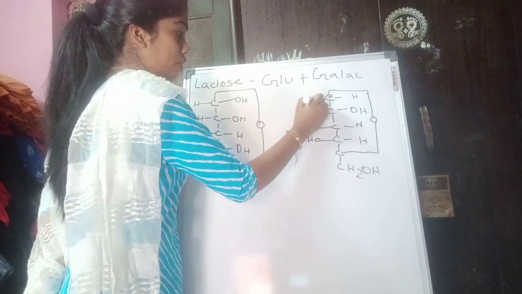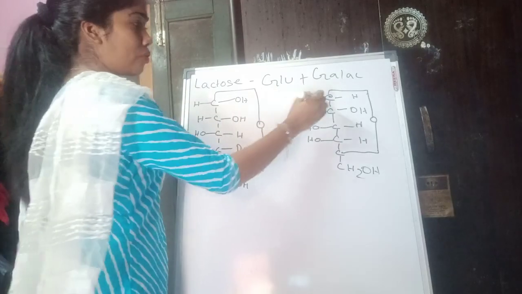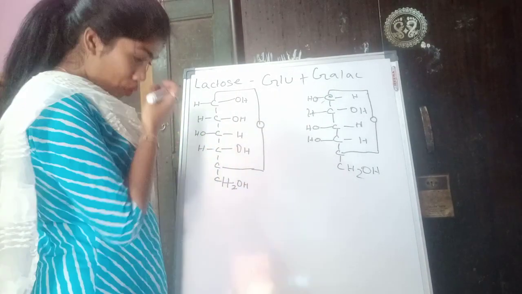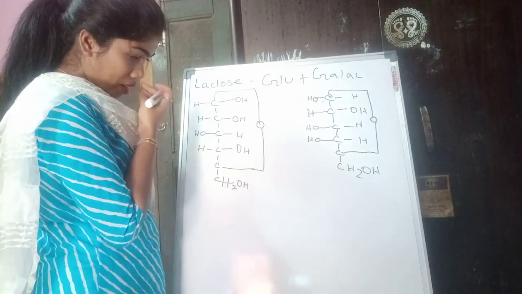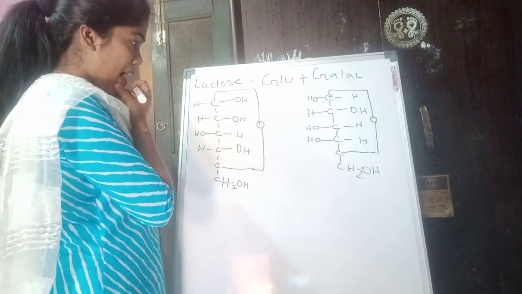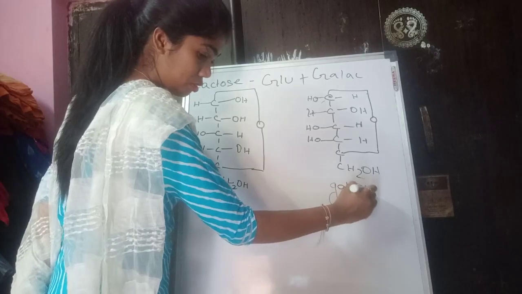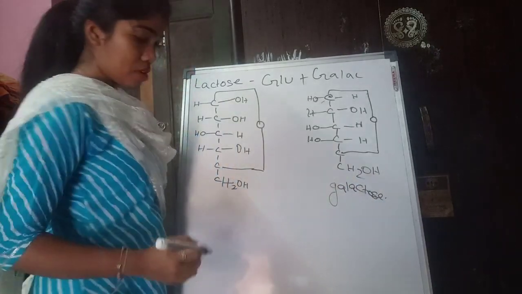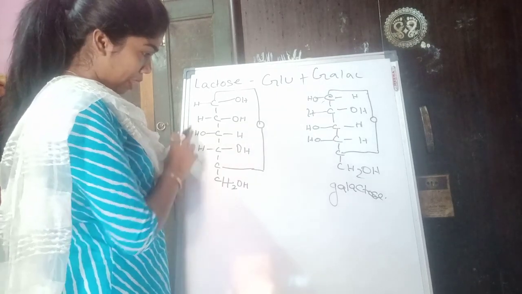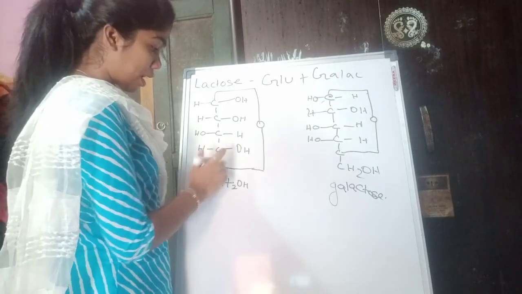Now when they combine, the first carbon and the fourth carbon will participate. This is the galactose molecule, and here is the fourth carbon of glucose.